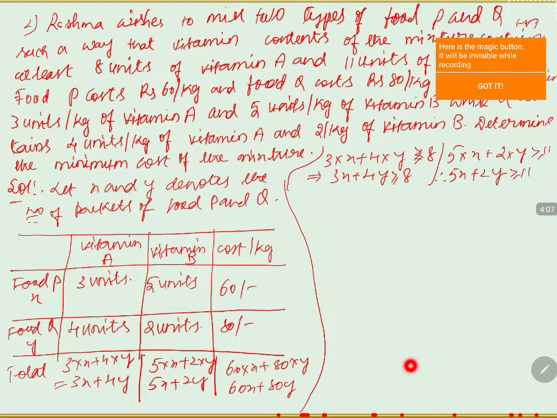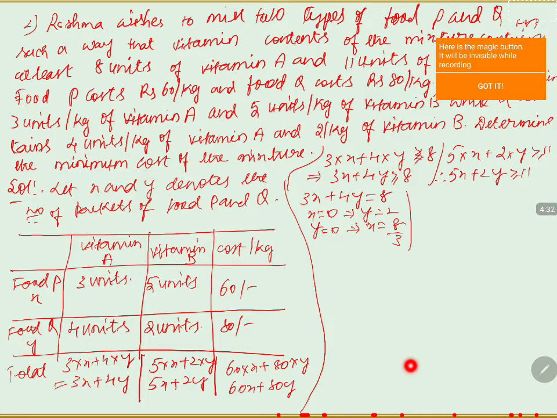Next, we'll take the x value as well as the y value. Let me take the equation 3x plus 4y is equal to 8. If I substitute x is equal to 0, you will get y is equal to 2. If I substitute y is equal to 0, then we get x is equal to 8 by 3.